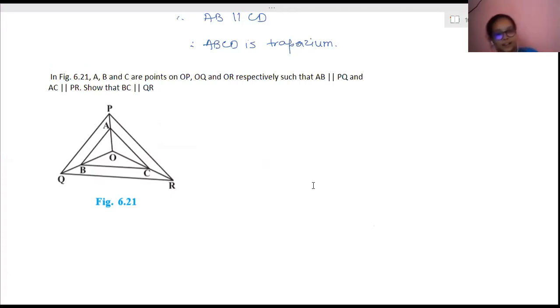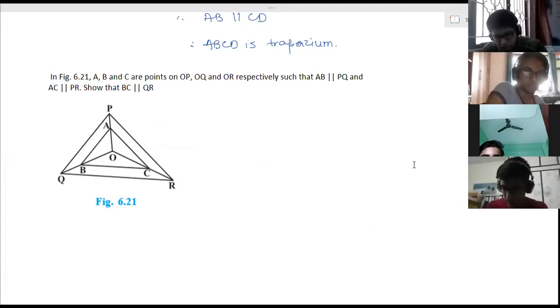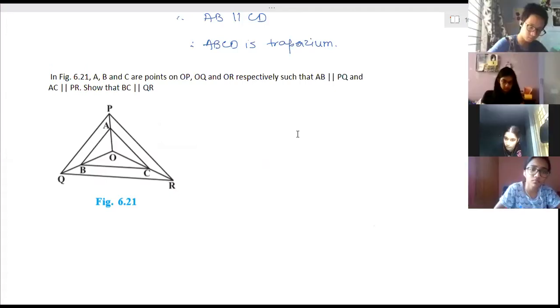Are you able to see? Yeah, ma'am. Try. Sneha, are you there? Yes, ma'am. There are three triangles. Use three triangles and BPT.